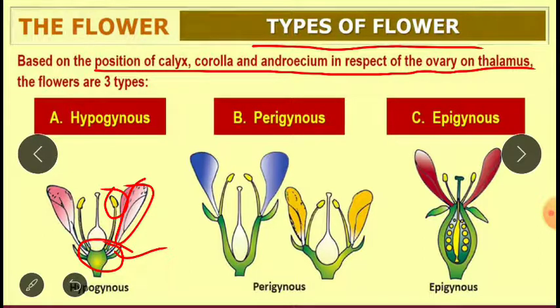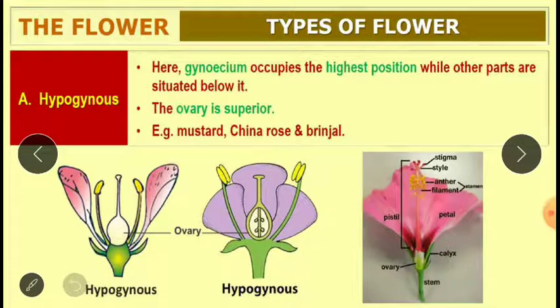Ovary is nothing but the part of the gynoecium, that is the female part. So how they are attached on the thalamus will give us 3 types of flowers: hypogynous flower, perigynous flower and epigynous flower. Let us see one by one.